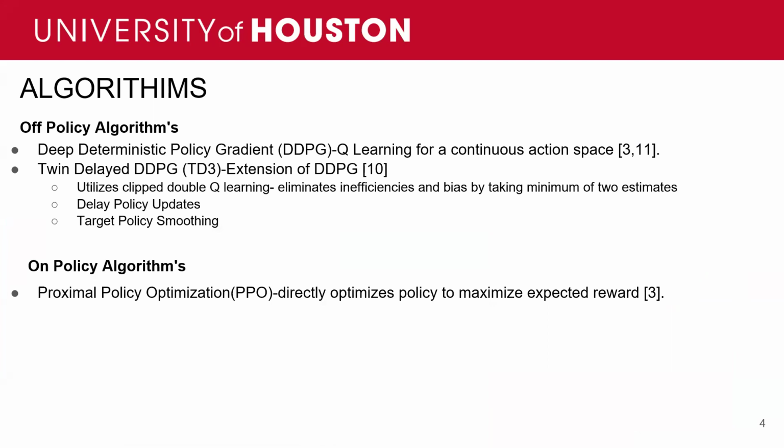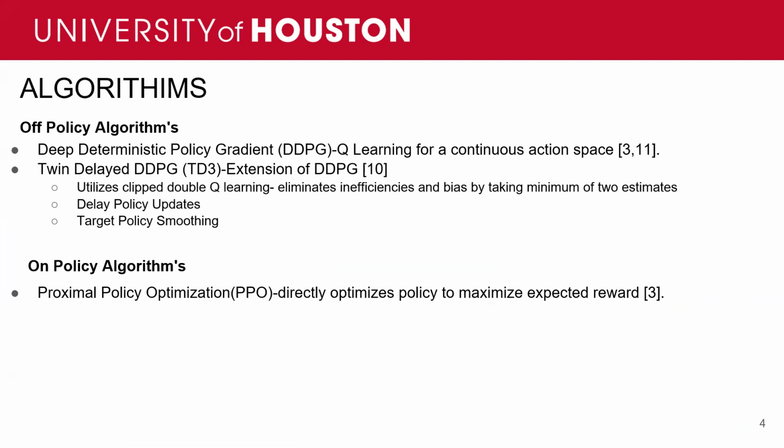Now, algorithms. For this project, we wanted to investigate just some common, very popular RL algorithms. We wanted to compare both off-policy algorithms and on-policy algorithms. The choice of some of these algorithms was also inspired by a previous semester's project. During a previous semester, another group had a lot of success with some of these algorithms, and that's the choice for some of these algorithms.